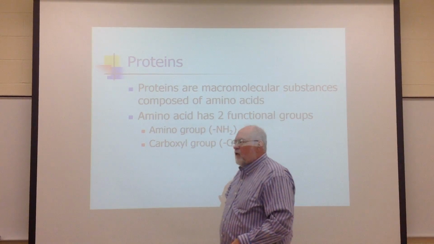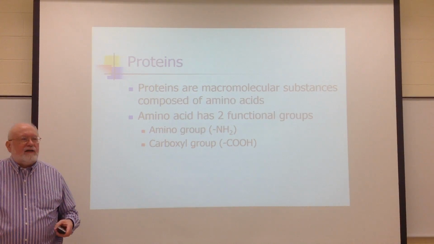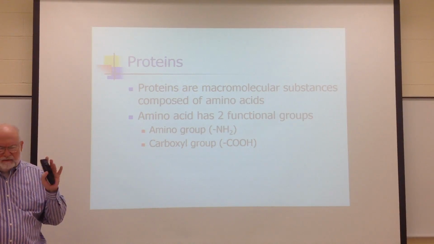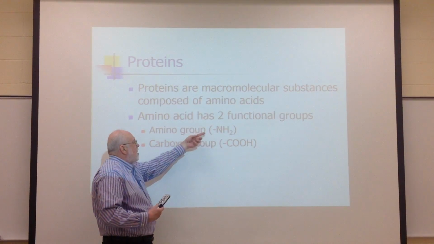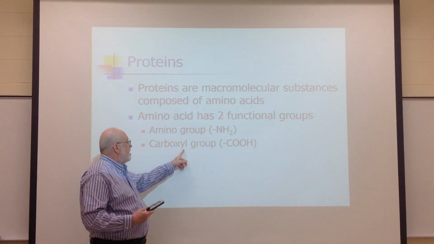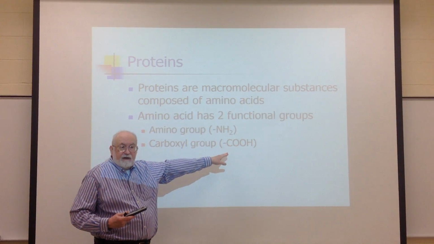All right, now first of all, what is an amino acid? Well, it is a molecule that has 2 functional groups on it. At least 2. There could be others, but these 2 have to be there. There's an amino group, that's an NH2, and there's a carboxyl group. We've seen that before. We saw that on the fatty acids.